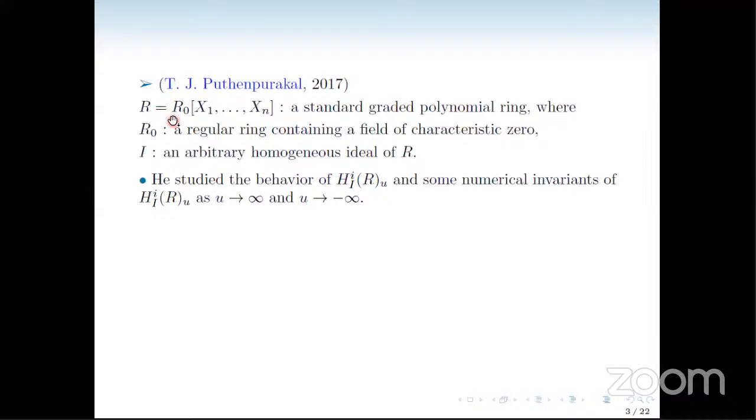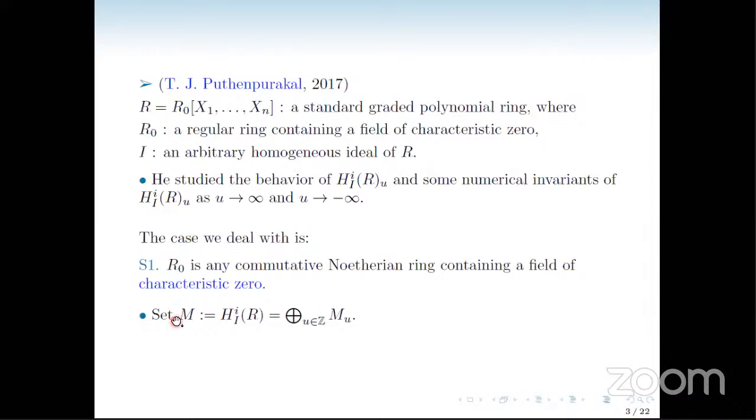So it is quite natural to start with a polynomial ring whose base ring is a regular ring. And we extended some of these results to the case where R0 is any commutative Noetherian ring containing a field of characteristic 0. So throughout this, I will be referring to this as setup 1, I mean as S1, and let H^i be the ith local cohomology module of R supported on I.